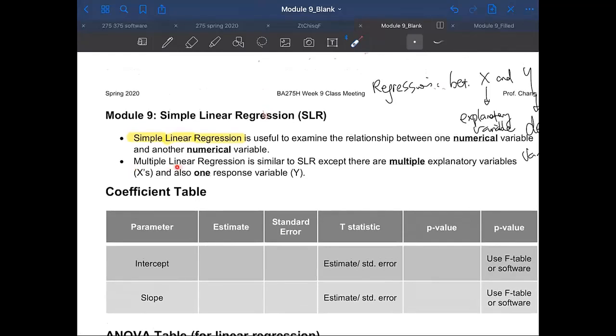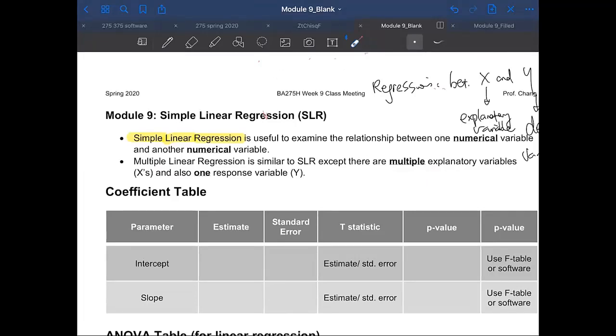Multiple means the number of x's, or explanatory variables, in your model is more than one. It could be 2, it could be 50, it could be 1,000. Versus for simple linear regression, you only have one x, just one x.